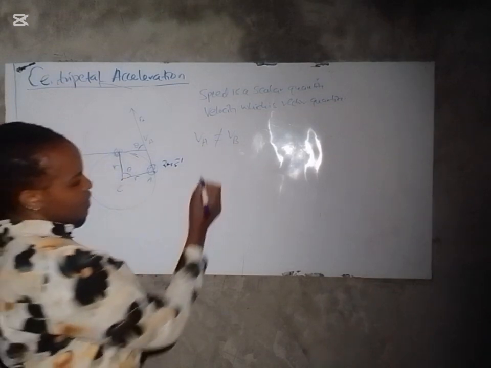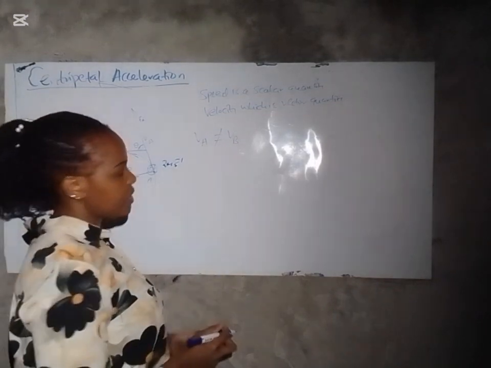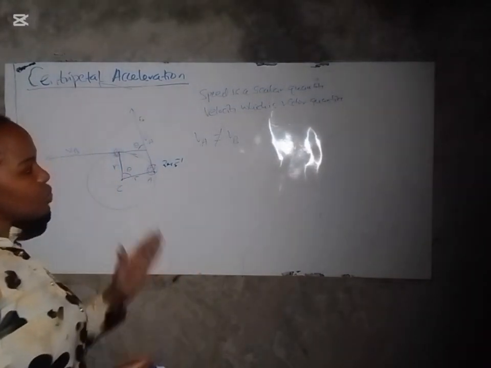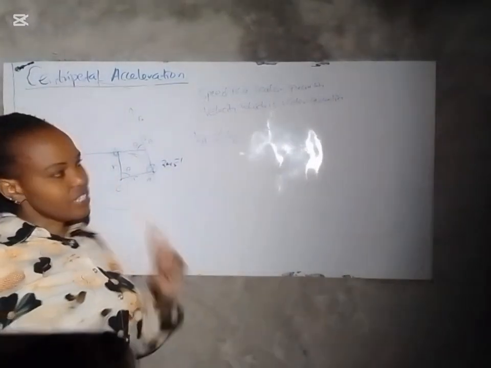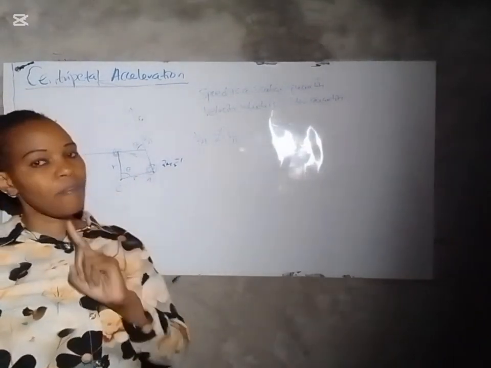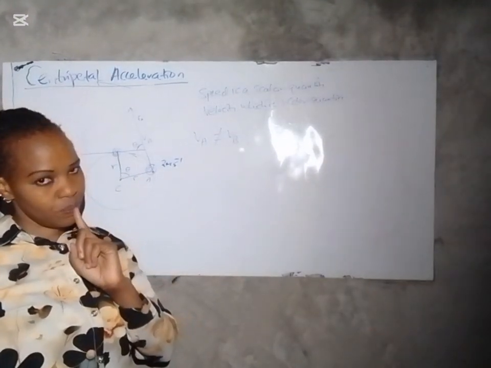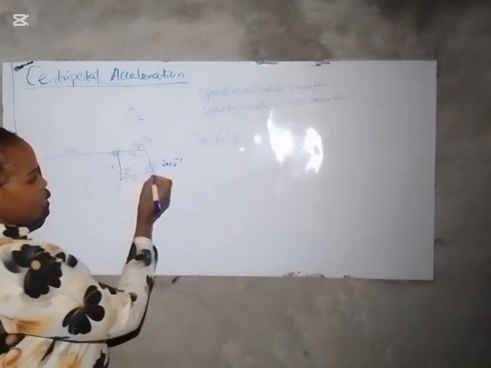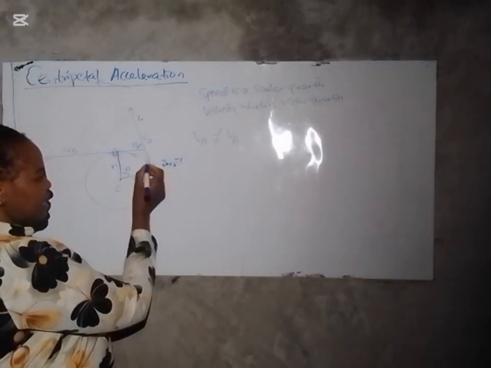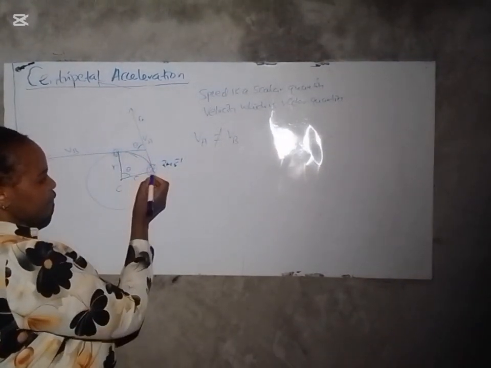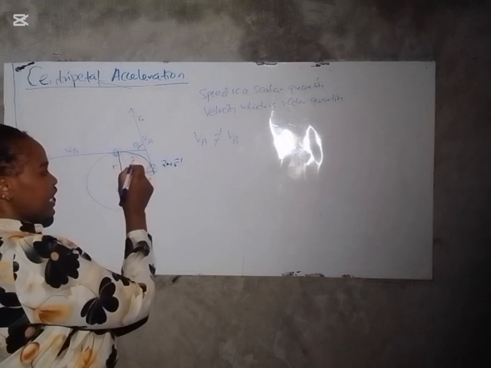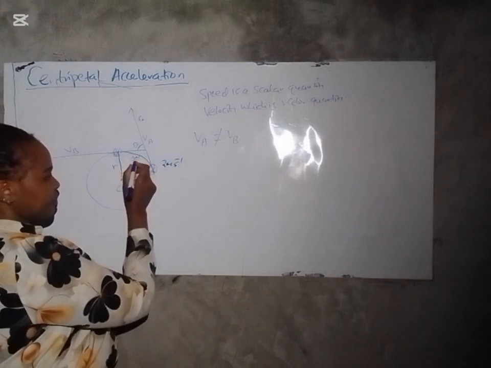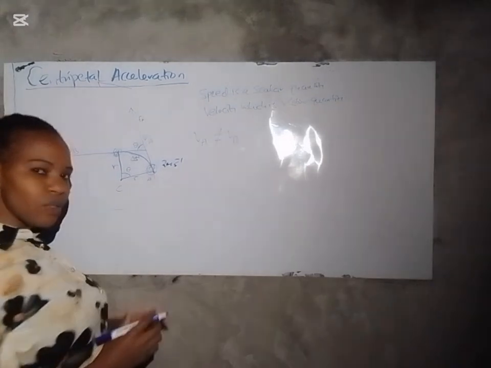Now, velocity is a vector quantity, so it has the constant part, which is the speed, and it has the changing part, which is the direction. So if I take this section here, and I call this delta S prime, what is changing there?